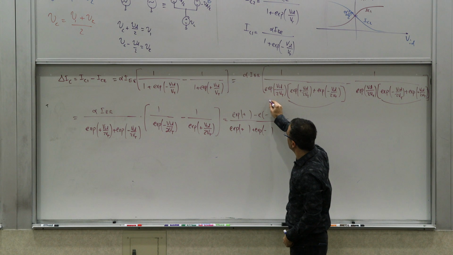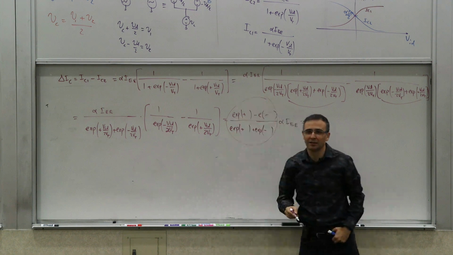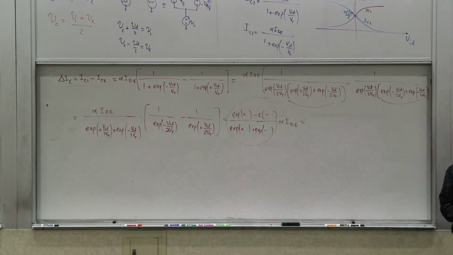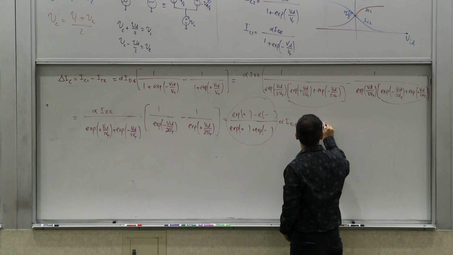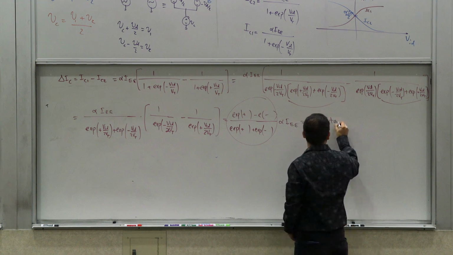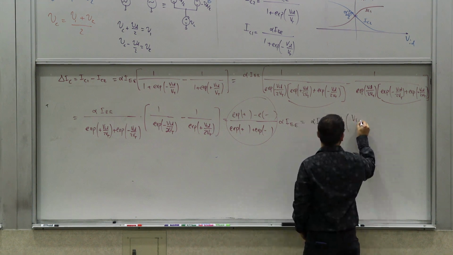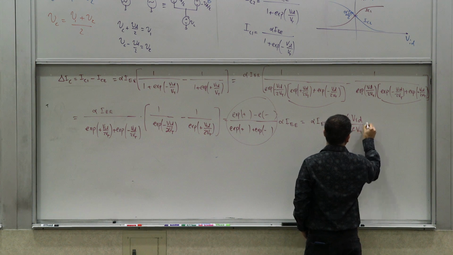And this function has a name, right? What is it? Yeah, hyperbolic tangent. So it's basically alpha I_EE hyperbolic tan of V_ID over 2V_T.